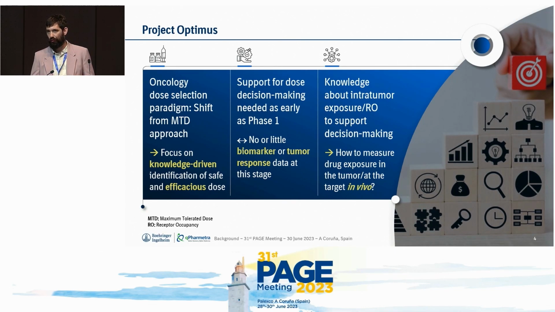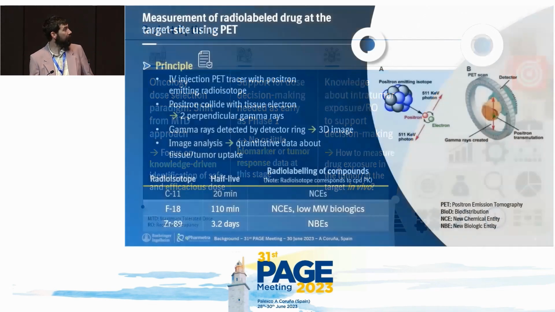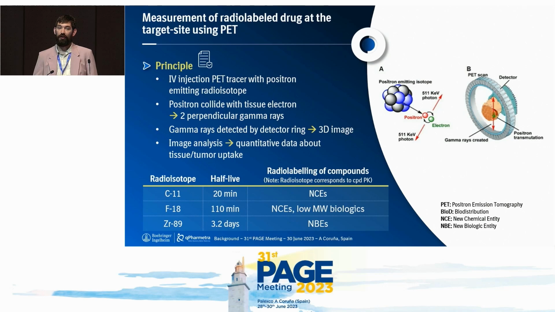But that brings us to another challenge. How can we know how much of our drug is actually at the tumor? How can we measure receptor occupancy in vivo? One way of doing this is the use of radio-labeled compounds and measure them at the target site using positron emission tomography or PET scans.